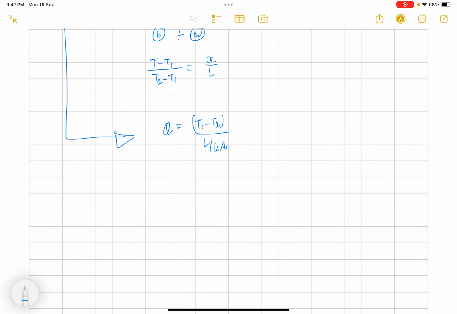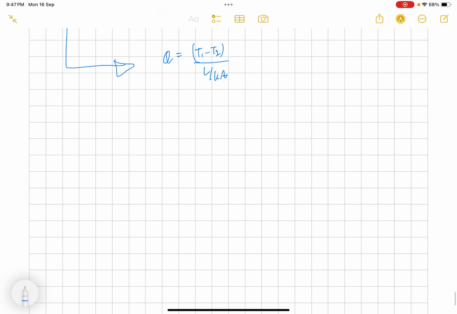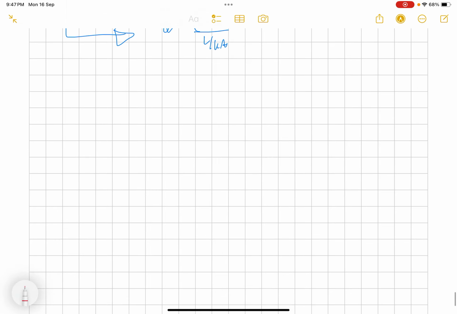Now let's look at the second case, which is nothing but the infinite hollow cylinder. We have looked at the infinite plane wall, and now we will see the cylindrical body.